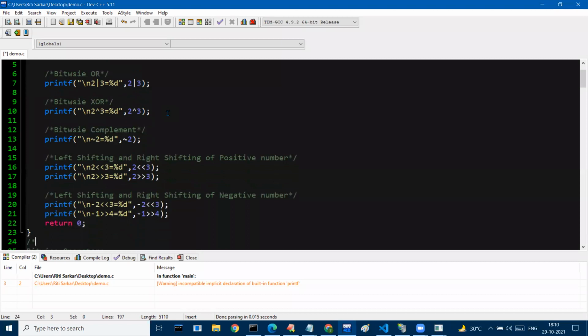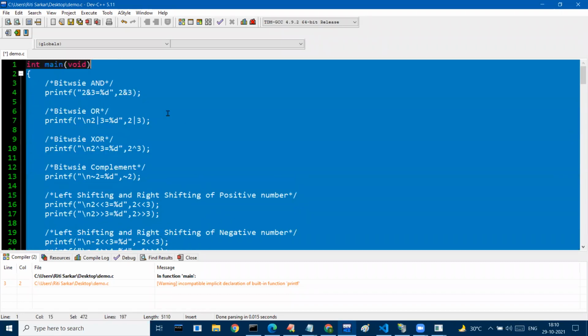That's it. That is the discussion with respect to bitwise operators, guys.